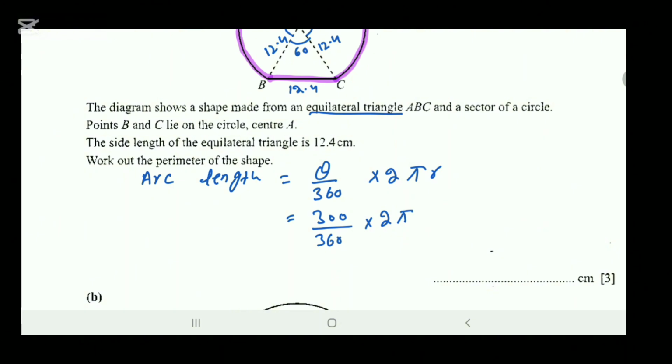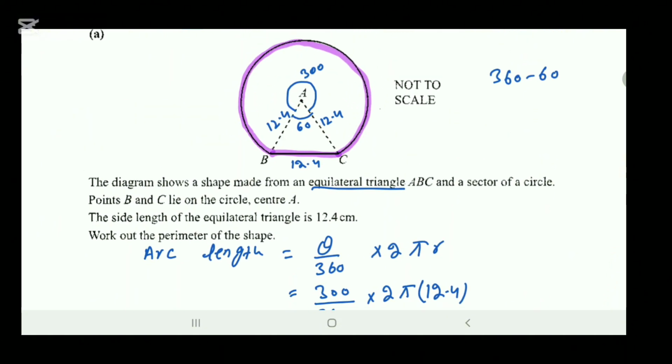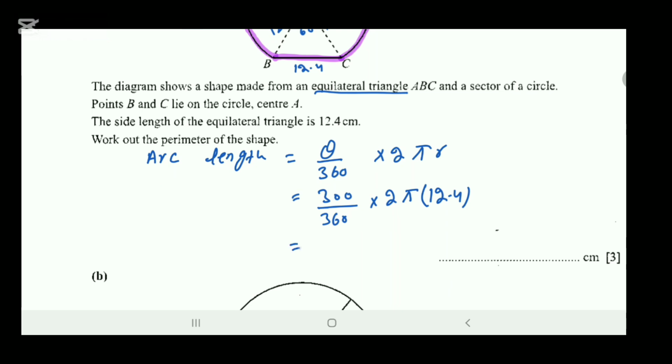r. What is r? Radius is here 12.4, because the equilateral triangle's length, this length, is the radius, that is 12.4. So if we solve it, you can simplify. 5 pi multiply 12.4, that gives 64.93.